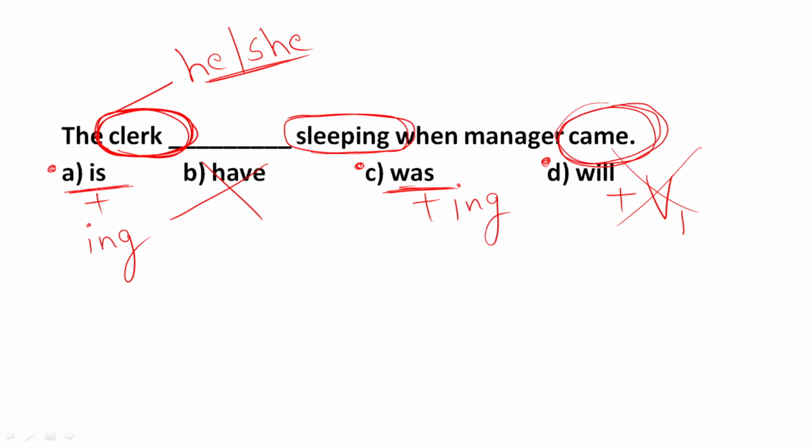Now naturally, my dear friends, came is past tense, correct? So naturally now, the clerk is coming is wrong. The right answer is option C, the clerk was sleeping when the manager came is the right expression.